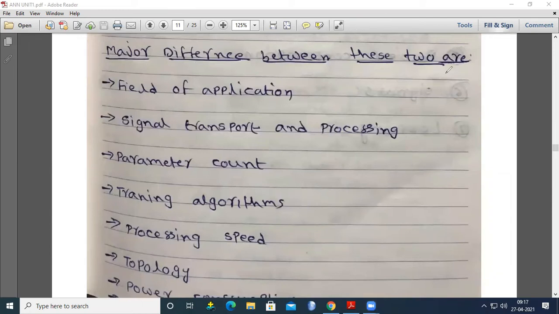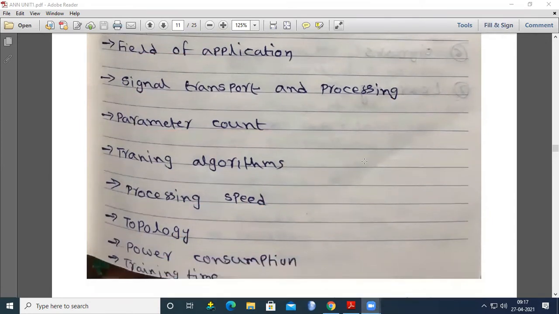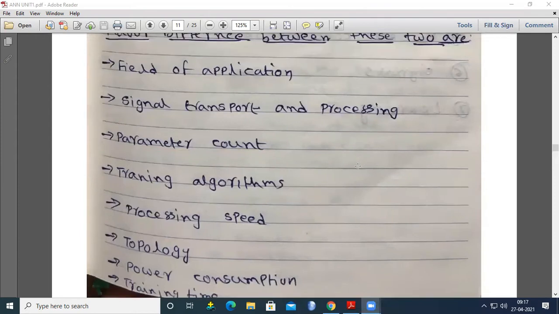The major differences between these two, the human brain and the ANN model, are the field of application, signal transport and processing, parameter count, training algorithm, processing speed, topology, power consumption, and training time. So coming to the field of applications.